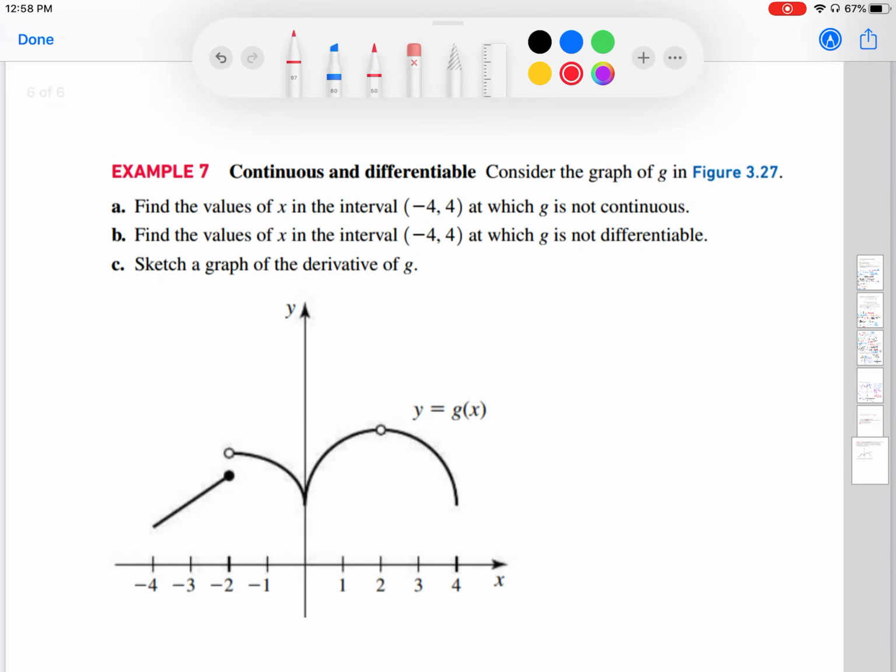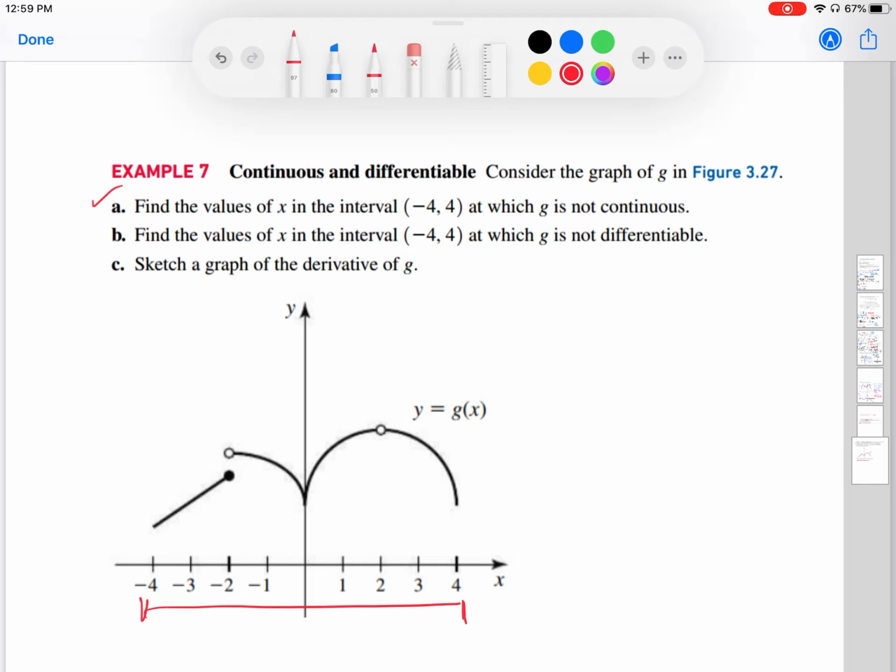So I leave you with this problem. We're trying to determine if it's continuous, yes or no, and why. Our questions ask, consider this graph G. First, part A: find the values of x on the interval from -4 to 4, so this whole picture, at which G is not continuous.